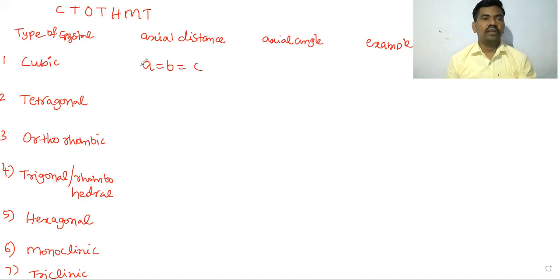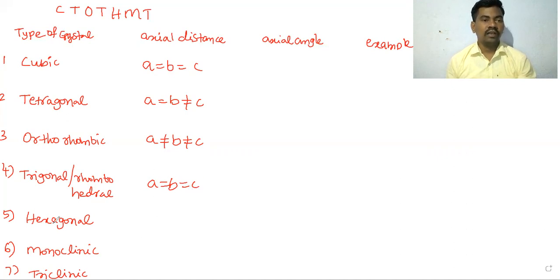So the 3 axial distances are equal for the cubic system. Then tetragonal, A is equal to B is not equal to C. Then for orthorhombic, A is not equal to B is not equal to C. So after completing this sequence, it will be repeating again. For trigonal, A is equal to B is equal to C. So the 3 axial distances are equal for trigonal or rhombohedral.